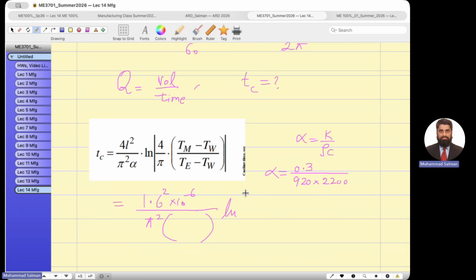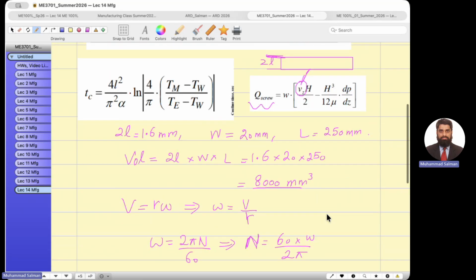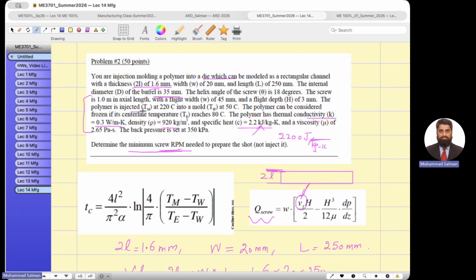So ln of 4 over pi, then the melting point. Melting point is given as 220 Celsius in the mold. TW, the wall of the mold, has a temperature of 50 Celsius and the ejection temperature is 80.